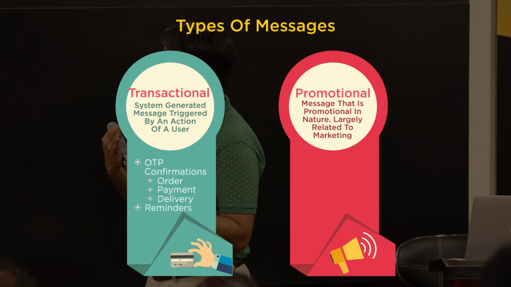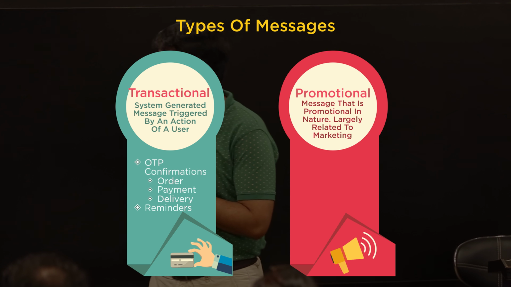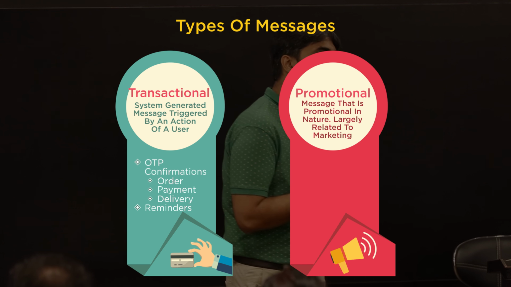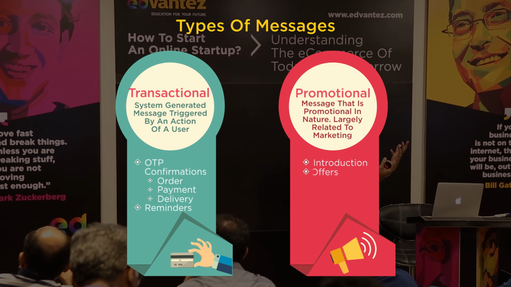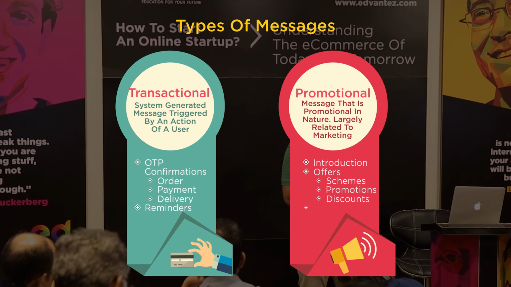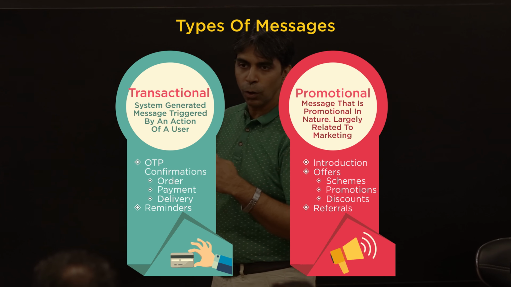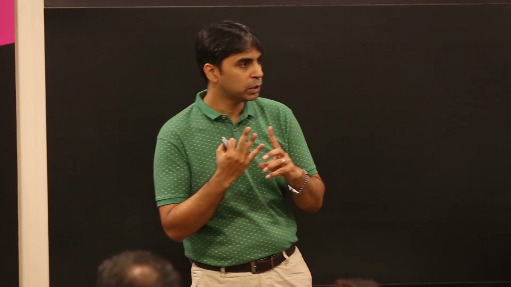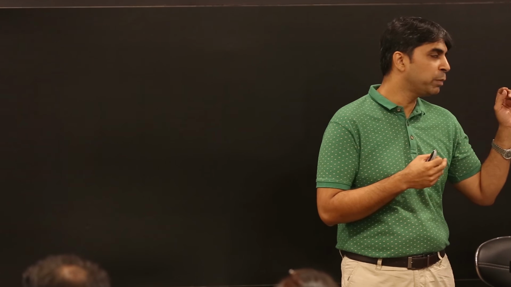Promotional messages are things that you are not asking for, but somebody's sending to you, which could be your marketing, your offers, schemes, promotions, discounts, referral schemes, any of that. So all your messages across all three platforms, both email, SMS, and app notification, are divided between these two types: transactional and promotional.